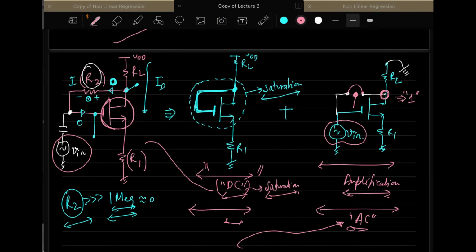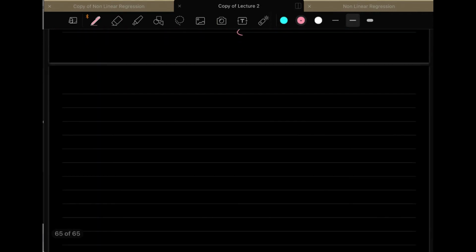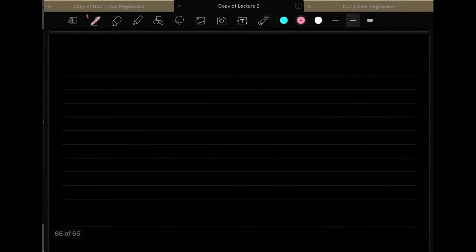So the first circuit that we will discuss today in this topic is the common source, or CS, amplifier. So what is a common source amplifier?